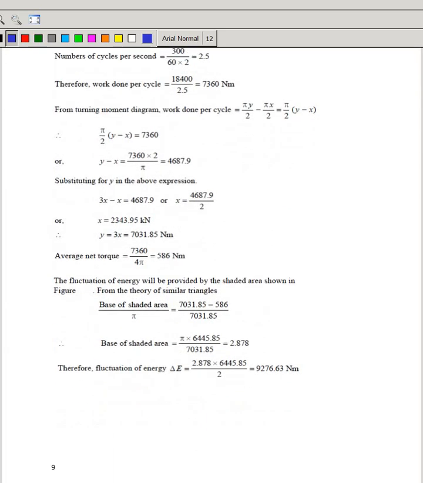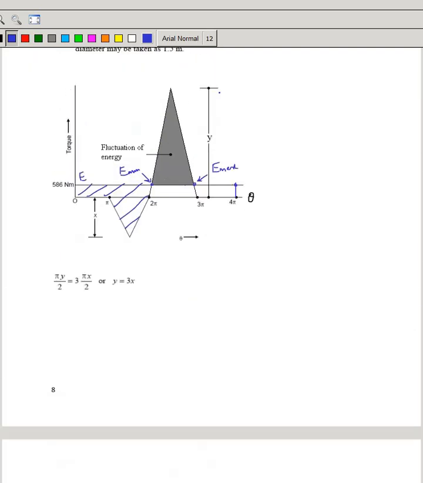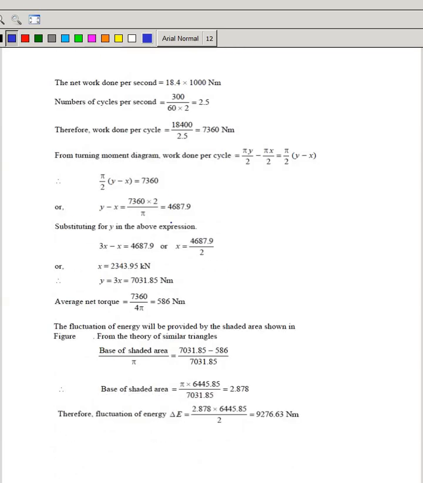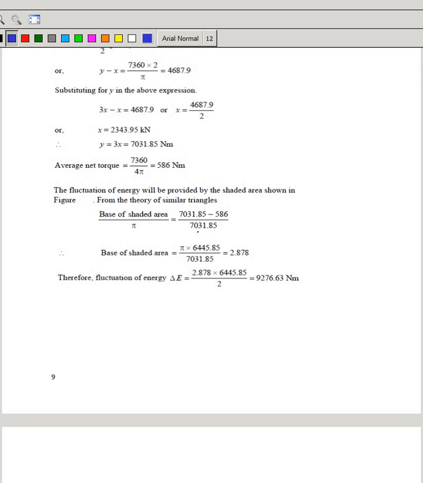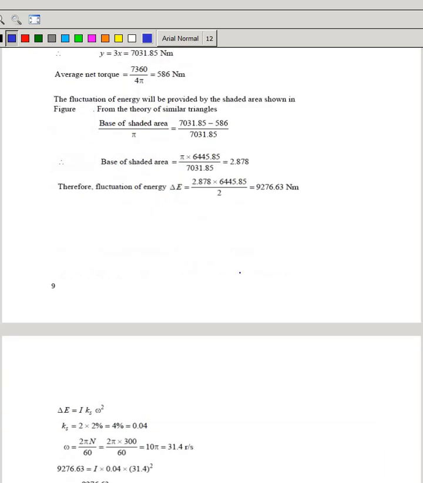The height of the shaded area is y minus 586, and y is 7031.85. So base of the shaded area is (7031.85 minus 586) divided by 7031.85 times pi, which is 2.878. Therefore fluctuation of energy is half base into height.